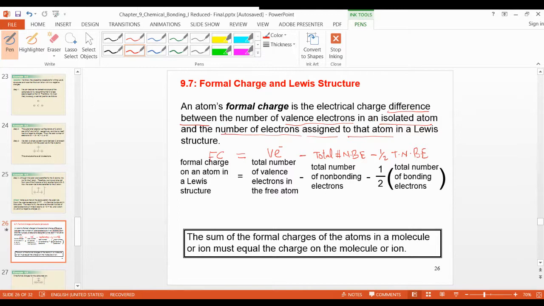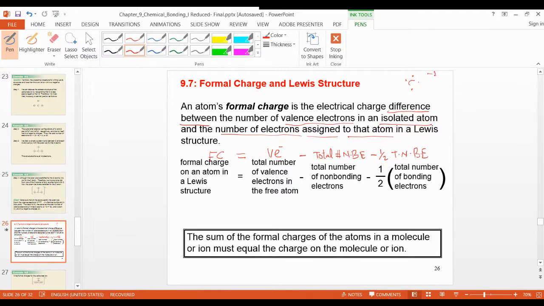Isolated atom and the number of electrons assigned to that atom. Suppose a carbon atom has 4 valence electrons. If it gets an extra electron, the total is 5, and the difference is 4 minus 5, which is minus 1.